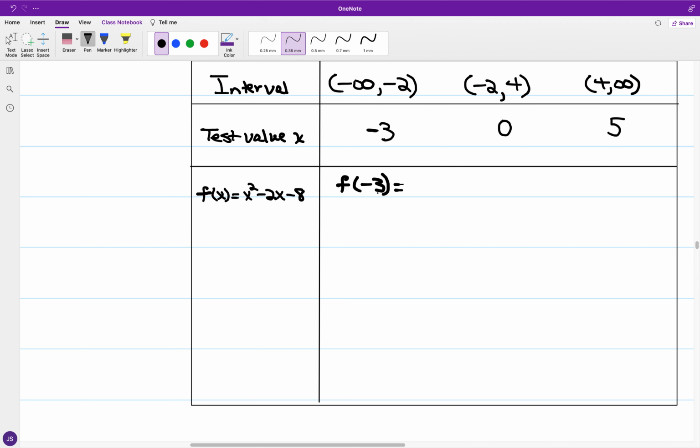So we have an f of -3. If I plug in -3 for x, we have the square of -3, which will be 9. -2 times -3 is +6. Then we have -8, and the result is going to be +7.